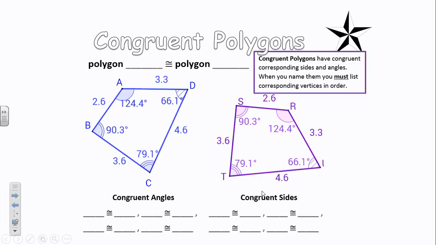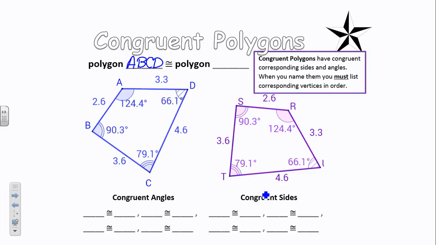Everybody okay with that? BADC? Or ABCD? Okay, alphabetically is how most people like to name things, right? So we are going to name the first one, the blue one, polygon ABCD. But it is crucial when we name our second polygon, when we're making a congruent statement, that we do it in the correct order. So we have to look.